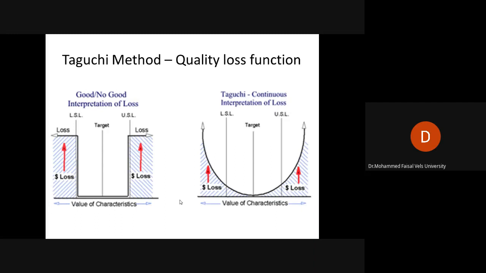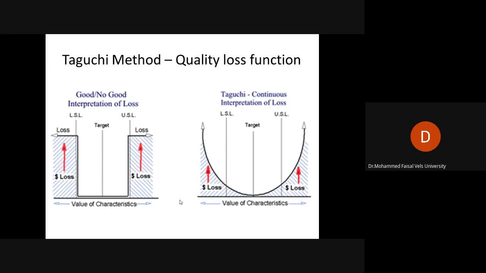Another important contribution was in design of experiments. Techniques like ANOVA and regression are used for the design of experiments, and Taguchi contributed in terms of statistics to the design of experiments also.